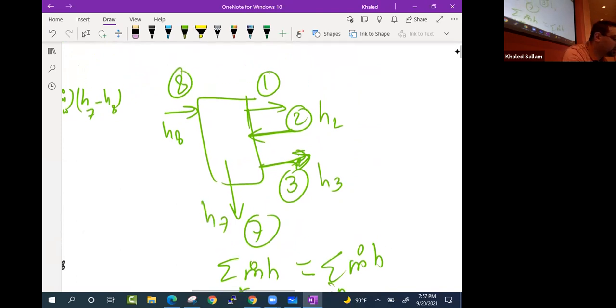And the m dot could be easy, like 1. What is 1? R m dot water. And the same thing here, R m dot water.